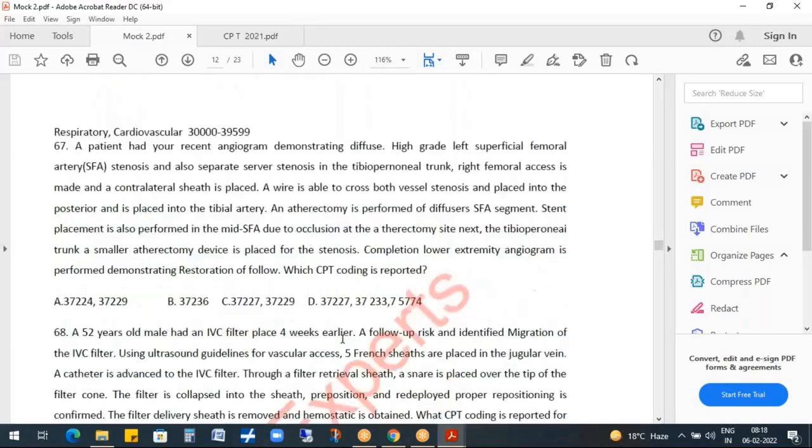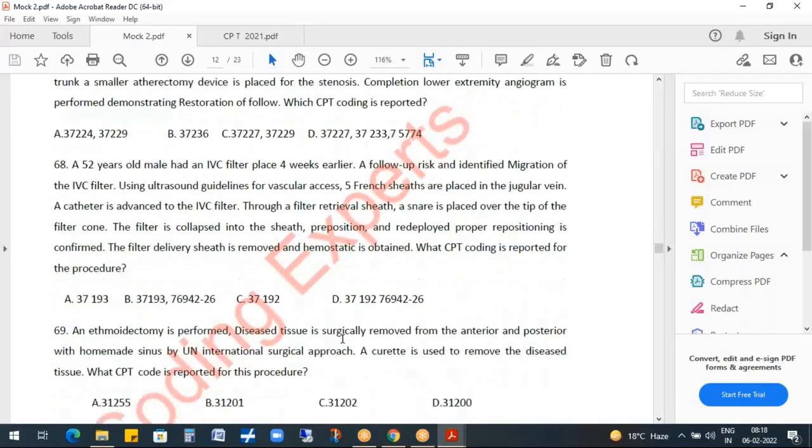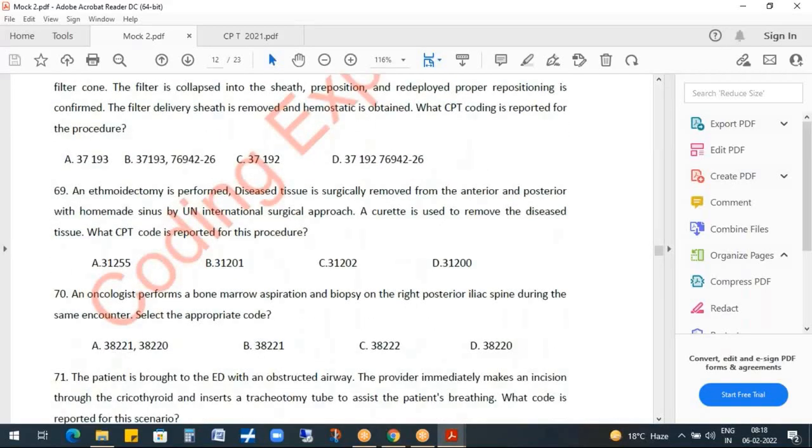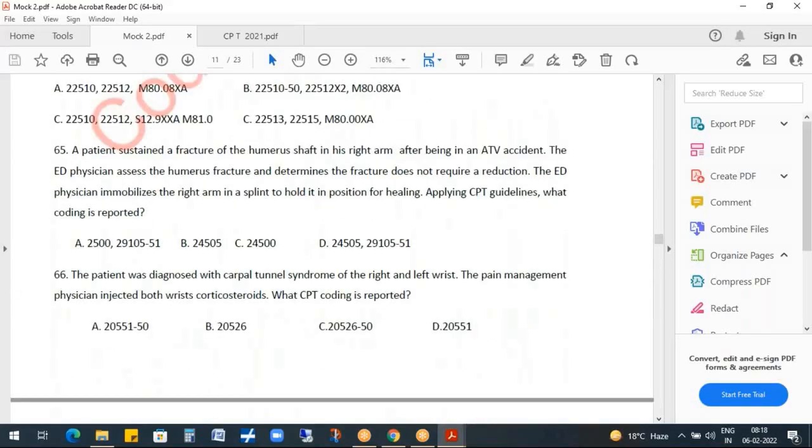Up to 70. Sir, in 65th question, why did we code 29105 for splints, sir?